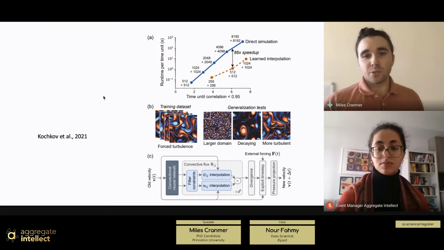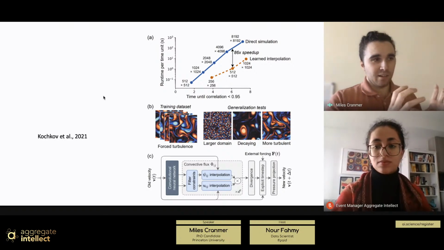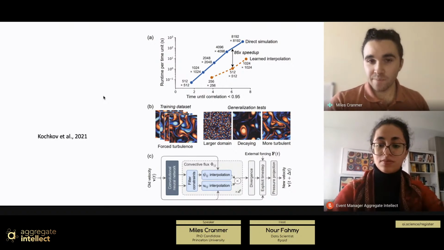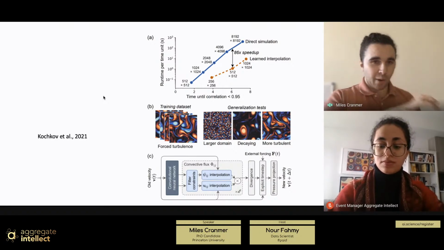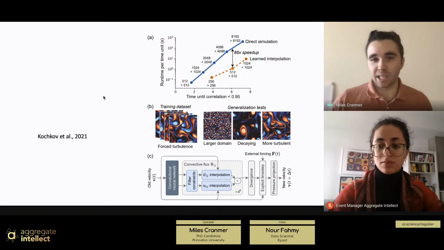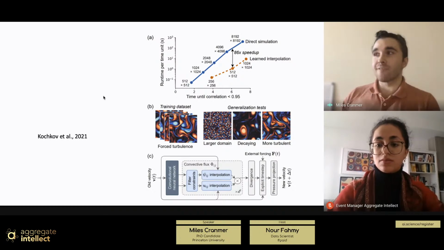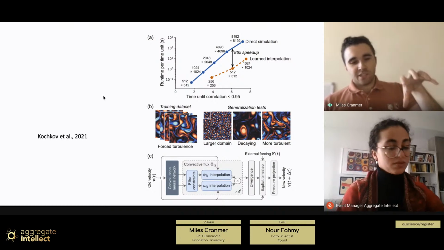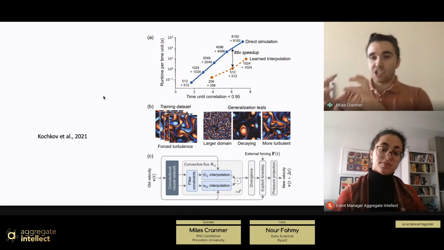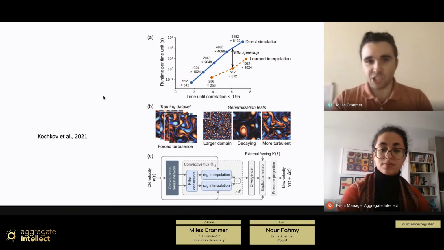What they do is take a simulator and lower its resolution so it's faster, and then they take the neural network and ask what the error on the simulator is relative to if I had run it with higher resolution. So they have this really high resolution simulator that's expensive, and they have this really cheap simulator. They run them both, and they try to take the cheap simulation and predict the high resolution simulation, and it works really well.